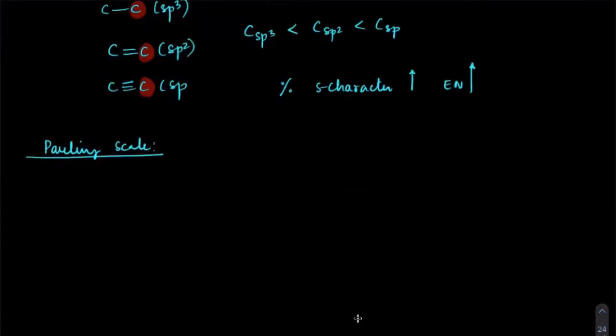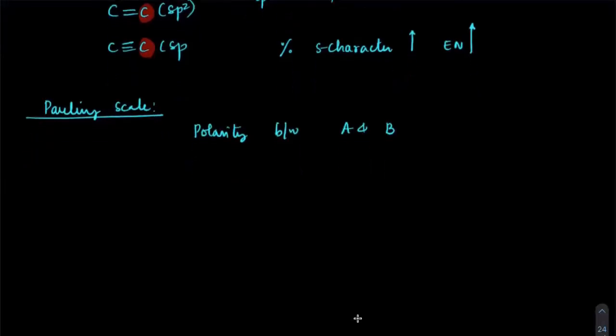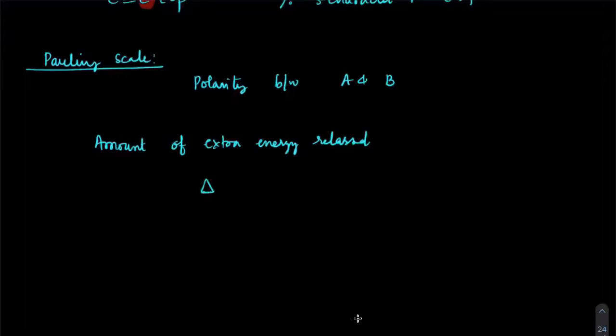If there is a polarity between A and B, then the amount of extra energy released, which we call delta, will be equal to the bond enthalpy between AB, which is experimental, minus the bond enthalpy between AB theoretical.